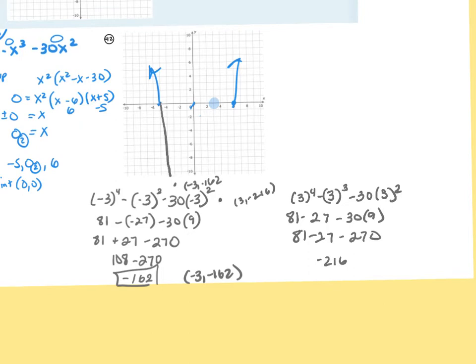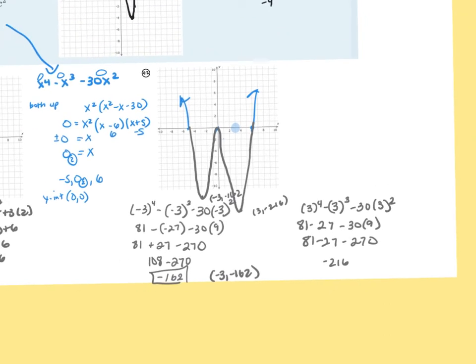So it comes down, goes back up, bounces at the 0, comes back down a little bit lower, comes back up, and crosses through that last point.